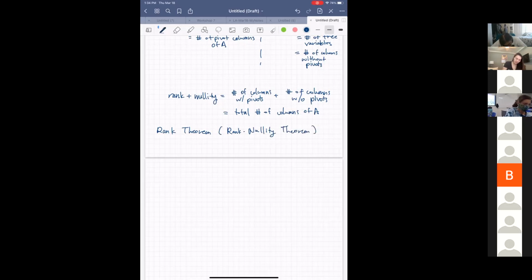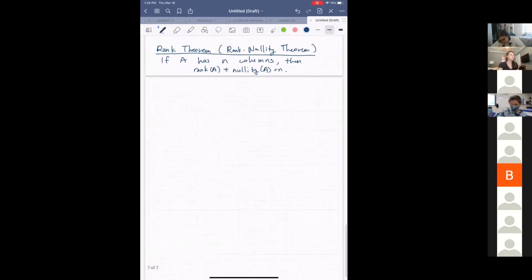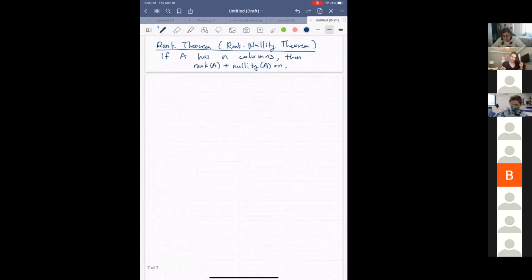It says basically that if A has n columns, then the rank of A plus the nullity of A is equal to n. And it's really for the reason that we just said. Okay, so that covers rank and nullity.